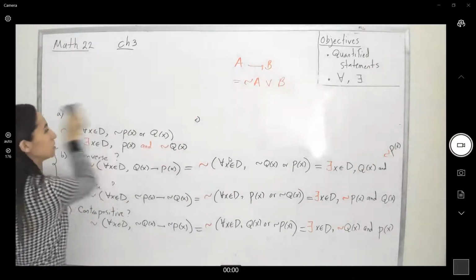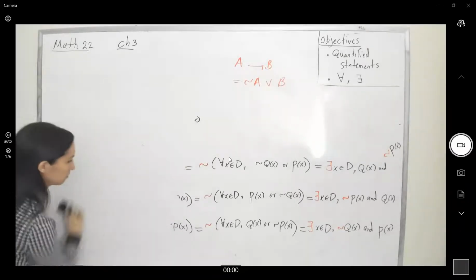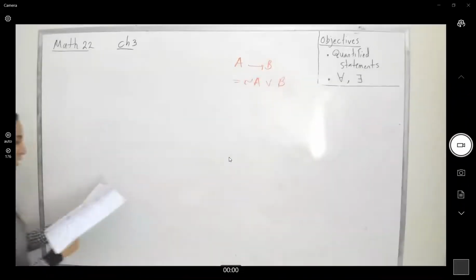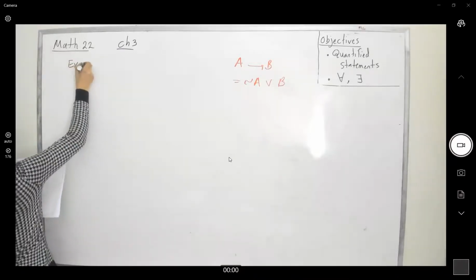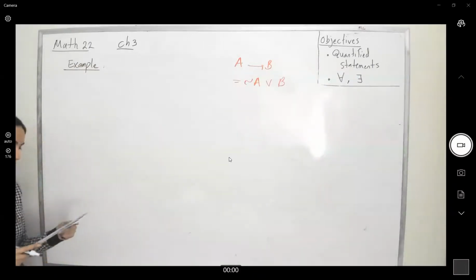Examples. Well, this example says: write the contrapositive, converse, and inverse of the following.